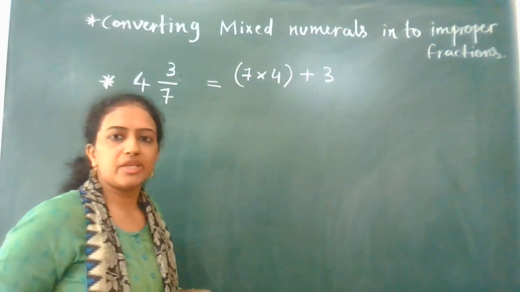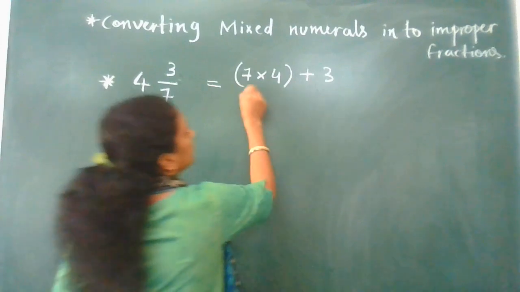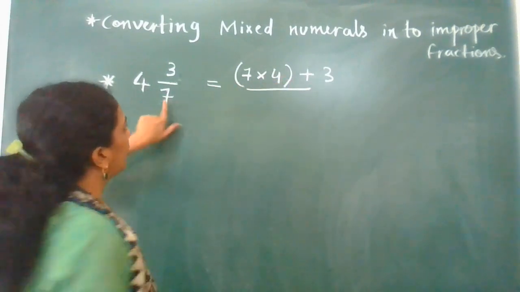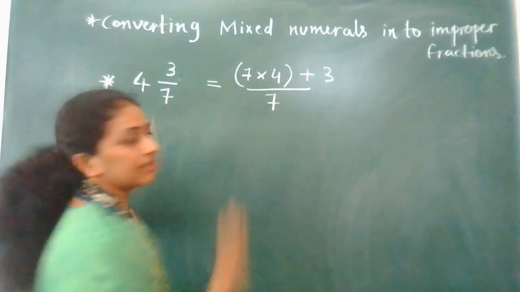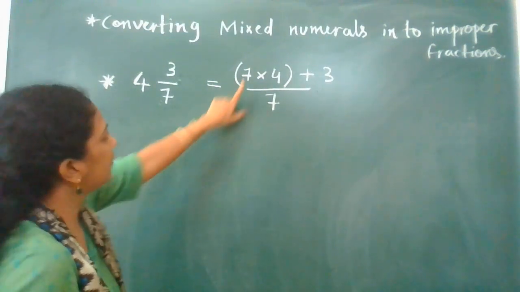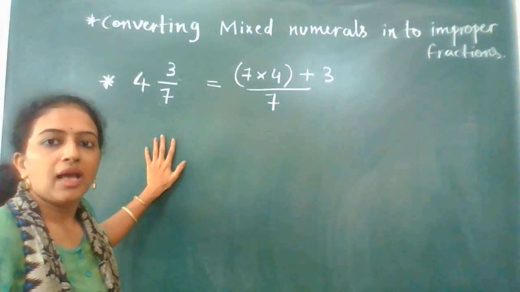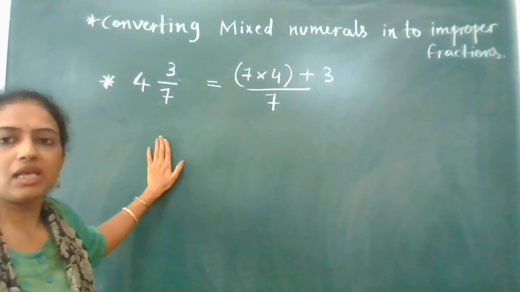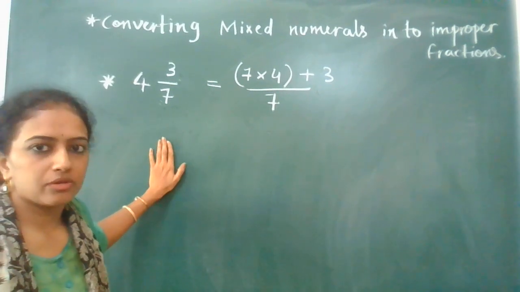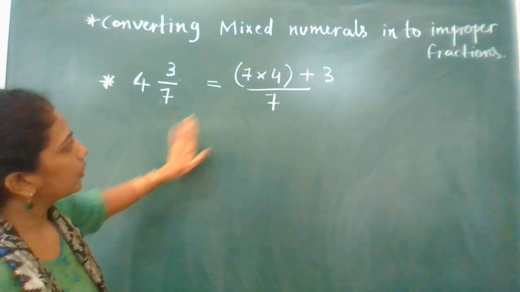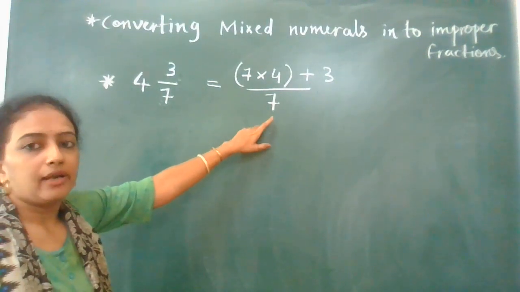But after this, the 7 is compulsory. It is not like you have used the 7 here, so you cannot write it again. This is a fraction, and a fraction can never be without a denominator. So always remember, don't forget to write denominators.